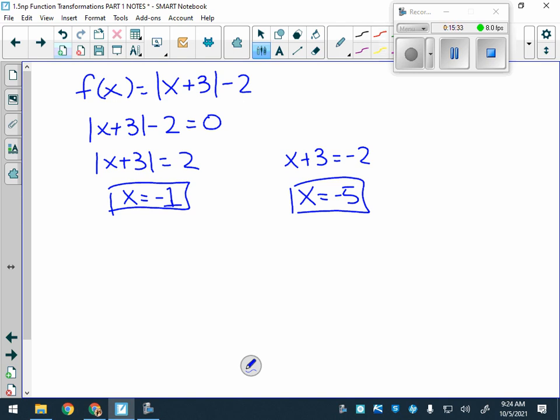Any other questions that you came across that you want to go over? Yep. Find x-intercepts for absolute value. Yeah.